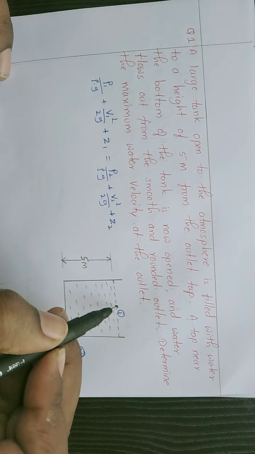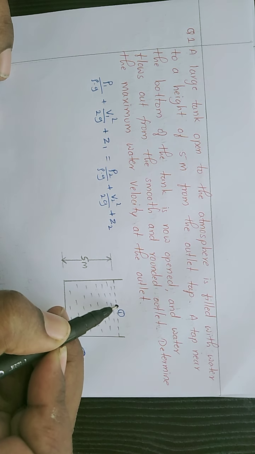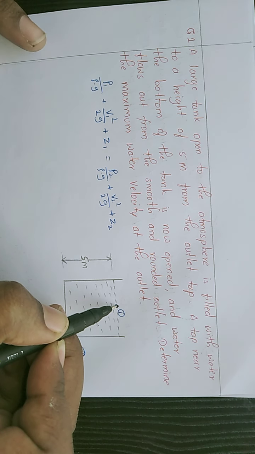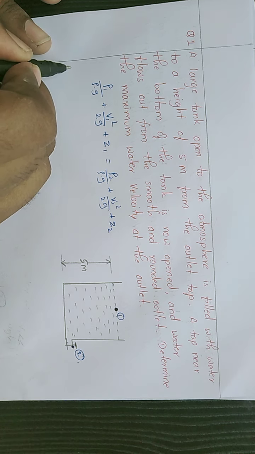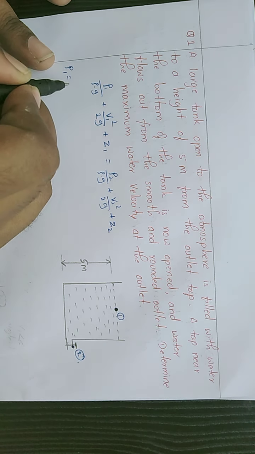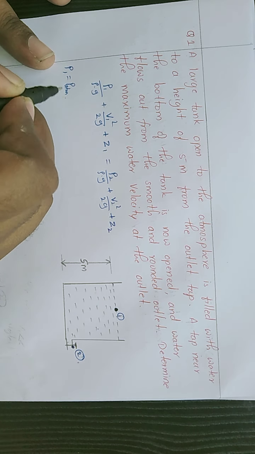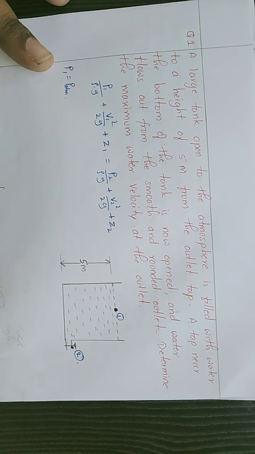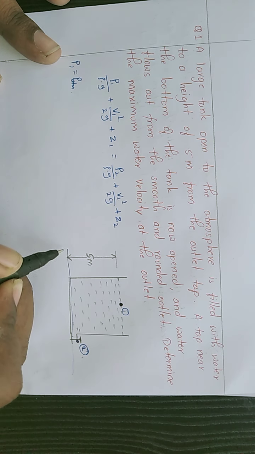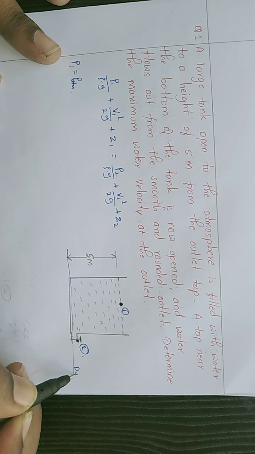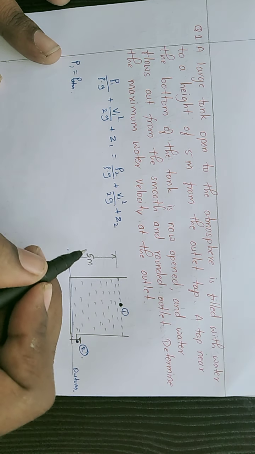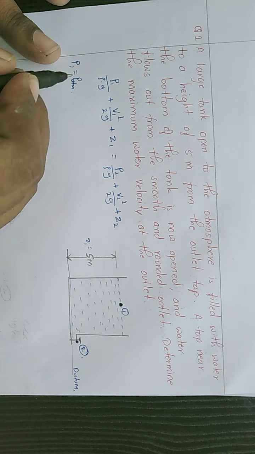Let us consider the surface of water exposed to atmosphere. So here what is the pressure? I'll write it as P1. P1 is nothing but atmospheric pressure, since it is exposed to atmosphere. And if I take this bottom as the reference point, then this height becomes Z1.